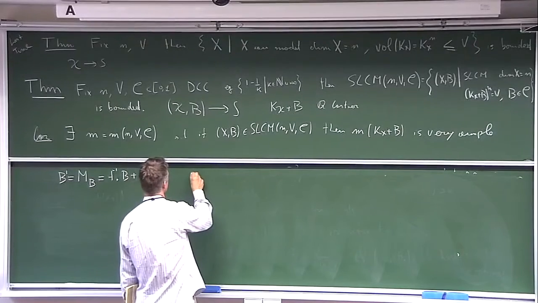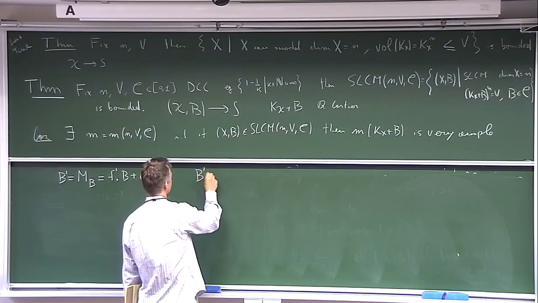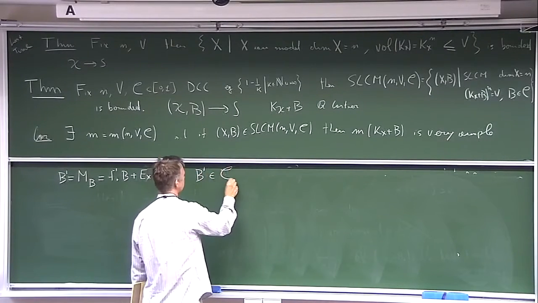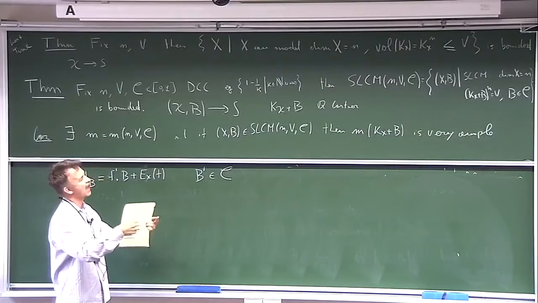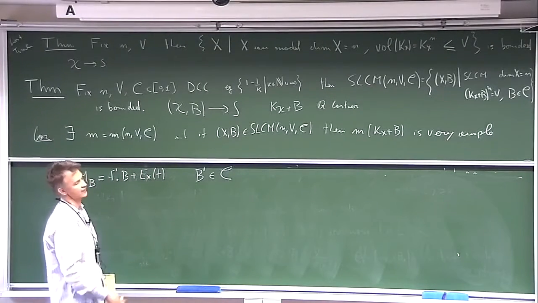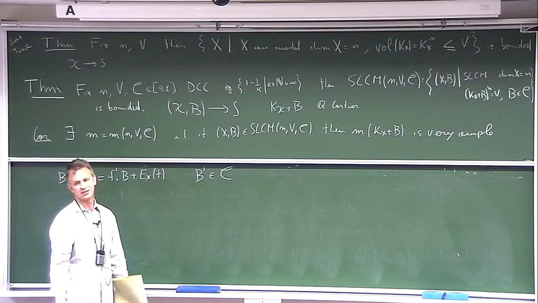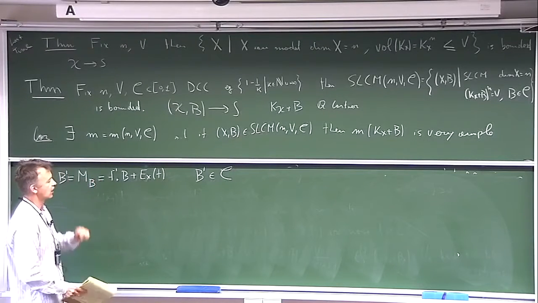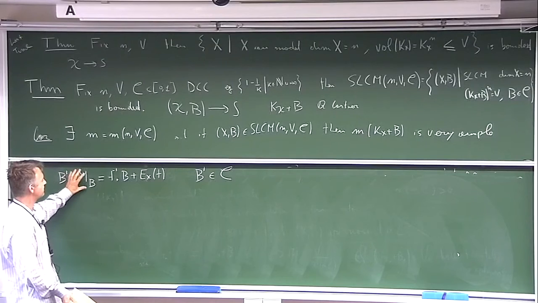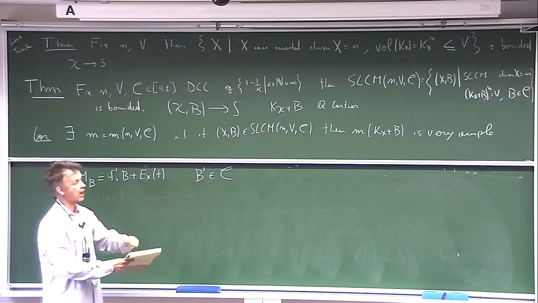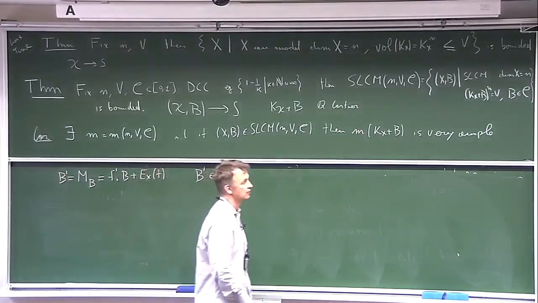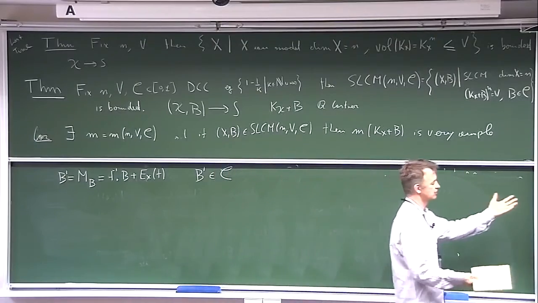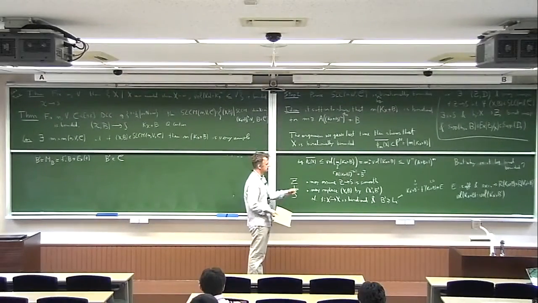So if I make this choice for B', then it is obvious that the coefficients of B' still belong to C. I may have to add the number 1 to this coefficient set. But it's clear if you just add one number, it still satisfies the DCC. So once I make this choice, it's well-behaved from a birational point of view, which is what we're trying to prove: birational boundedness.